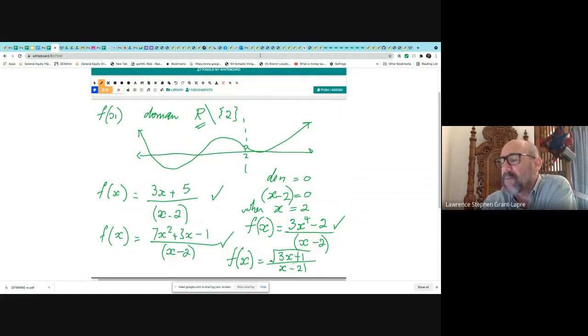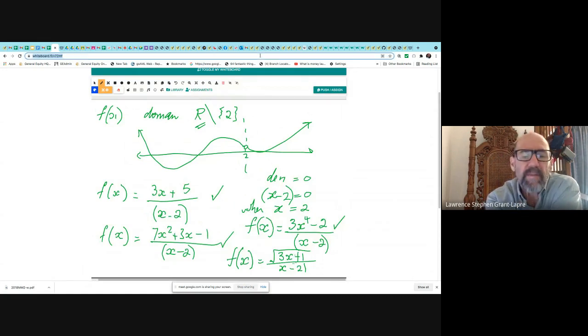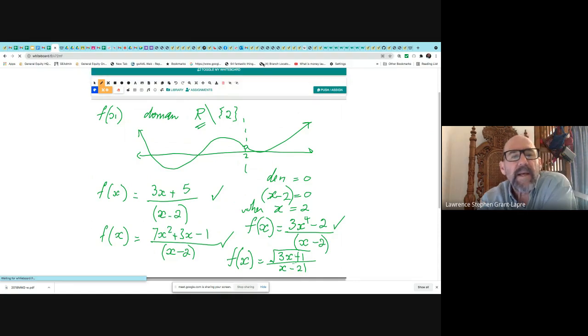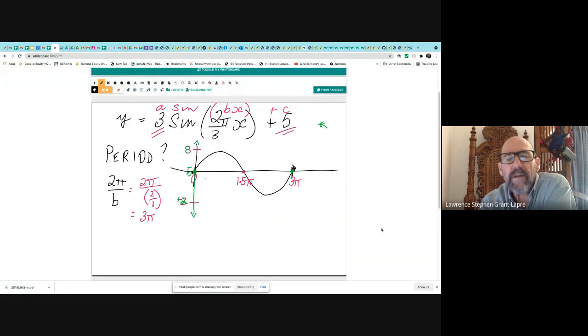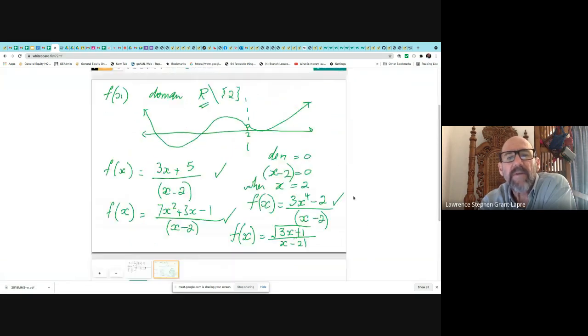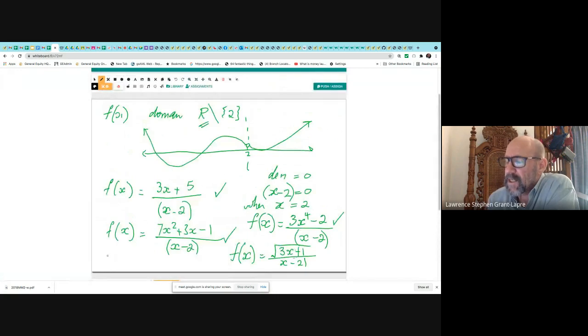And while I'm talking about domains, let me just say that if the equation has another possible restriction, such as 3x plus 5 over something else, x squared minus 4, that becomes x minus 2 times x plus 2.